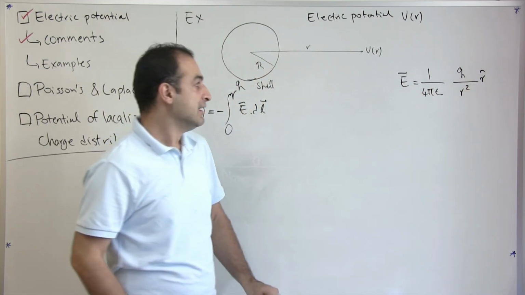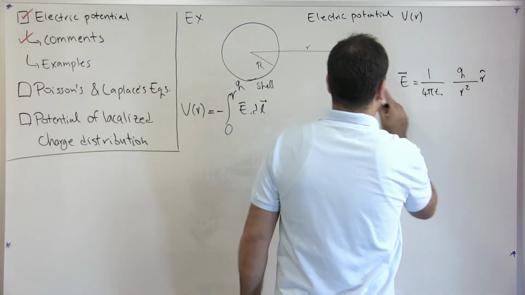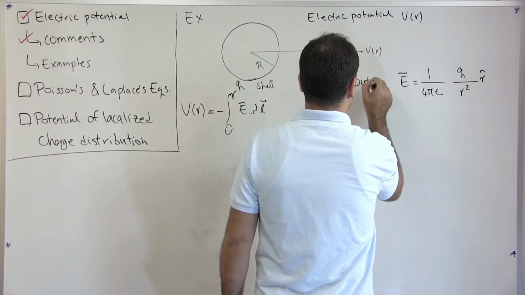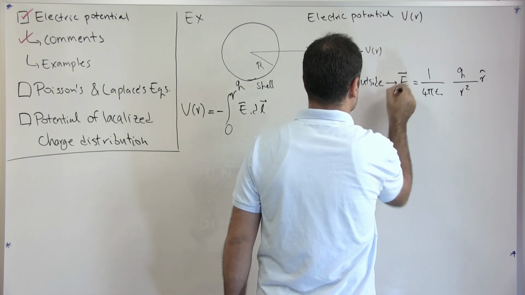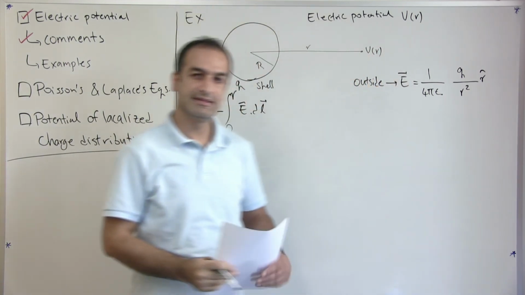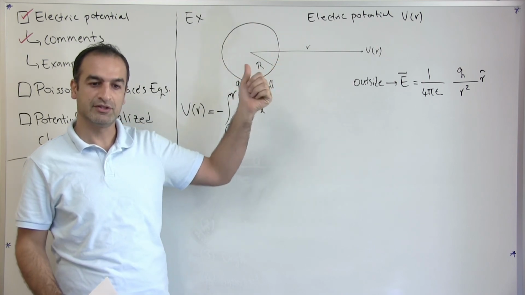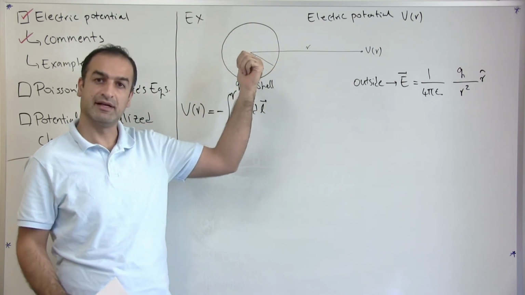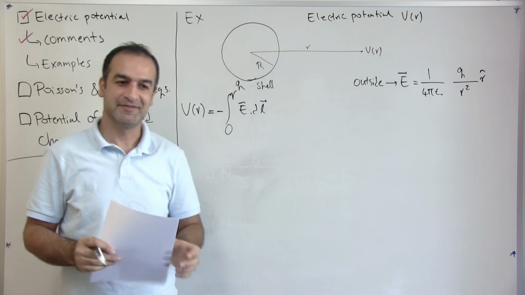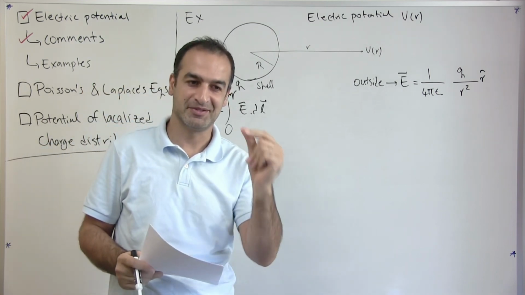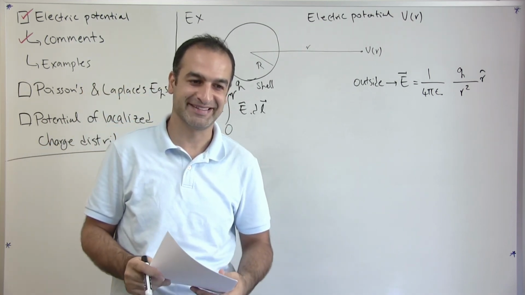Okay. But this is the electric field outside, right? What is the electric field inside the sphere? This is a shell with no charge distribution inside the sphere. What is the electric field? This is something you should be able to answer very quickly.